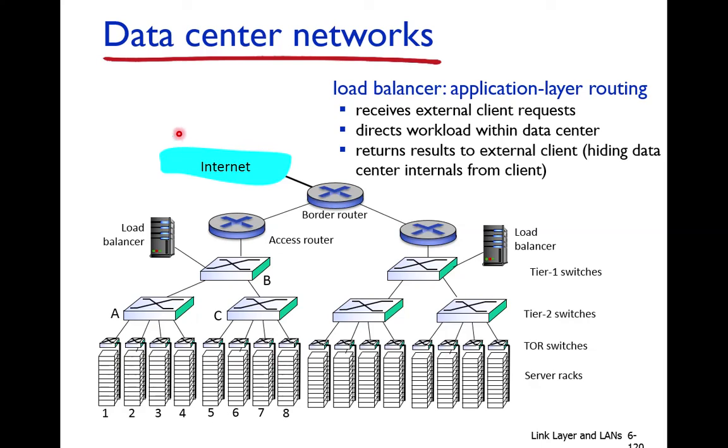Or for example, we received a request for processing a task, and that task is computation extensive. For example, it will run for 3 days. If this task is received, the load balancer will determine where this task should be executed, whether on this server or on this rack or on this rack.